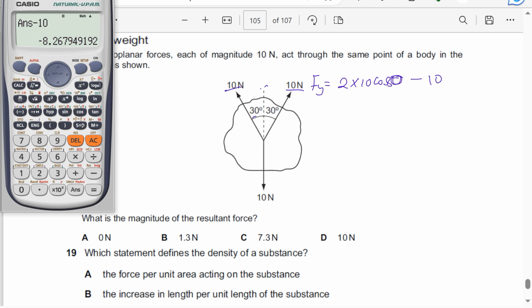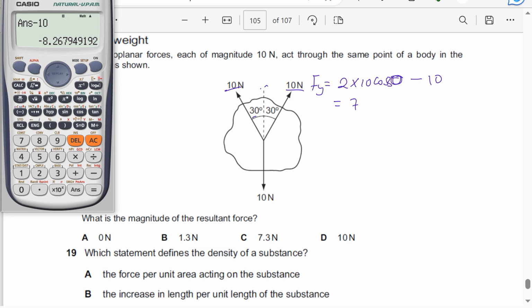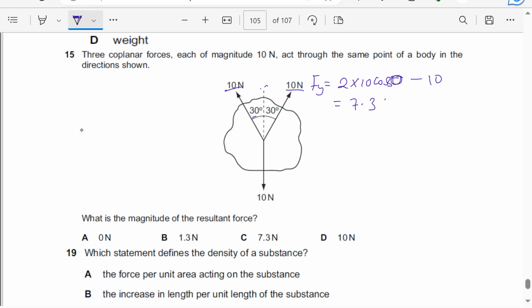So the resultant is downwards. So this is equal to 7. Is it 7? No. 2 cos 30. There is a 10 somewhere. Minus 10. So this is 7.32.